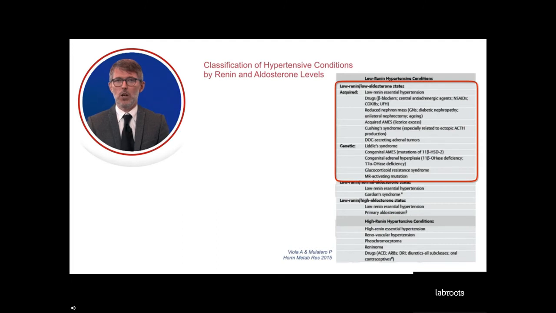Patients with low renin level and low aldosterone level could have a genetic condition such as Liddle syndrome or 11-beta hydroxylase or 17-hydroxylase deficiency. So the measurement of renin could help us in classifying the patient according to the underlying condition.